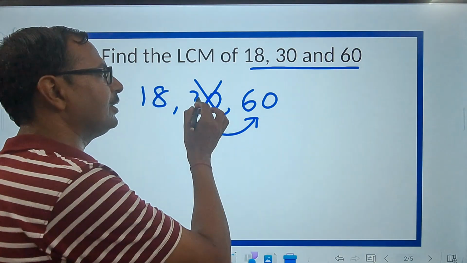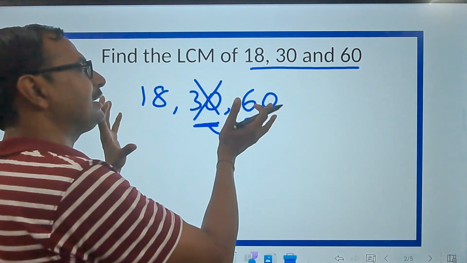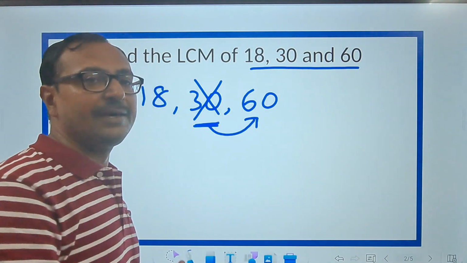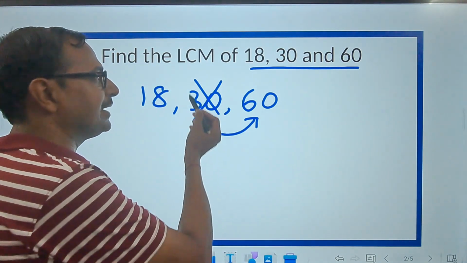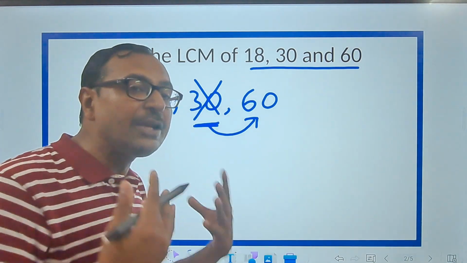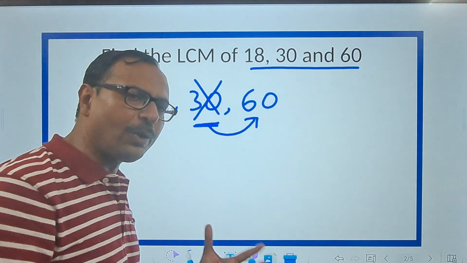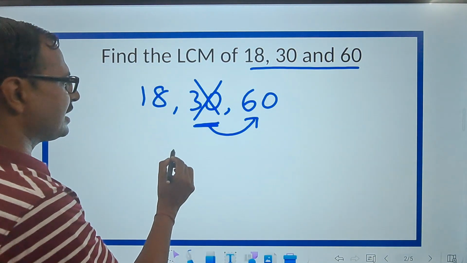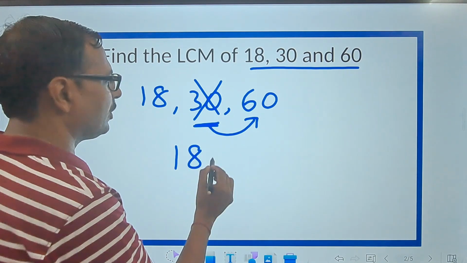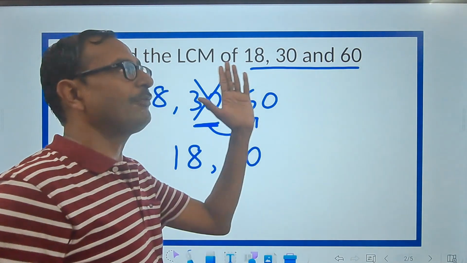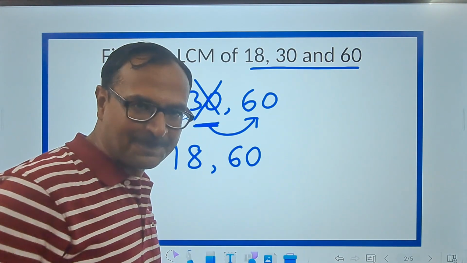Whenever you have a number which divides any of the given numbers exactly, then that small number can be ignored for finding the LCM of all the numbers. And now the problem is, we just have to find the LCM of 18 and 60. That will give us the LCM of 18, 30 and 60.